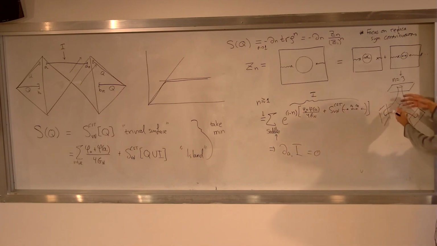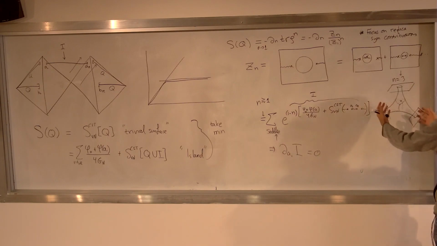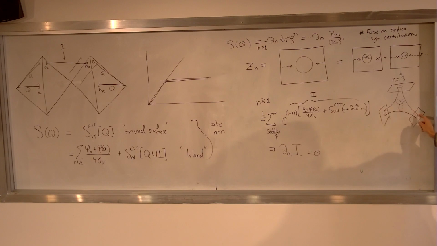You have this three-mouthed wormhole that connects the three circles together. Notice that this configuration is symmetric about the three copies, and so this is called a replica symmetric contribution. There are other contributions that are not replica symmetric, which in principle you should include.